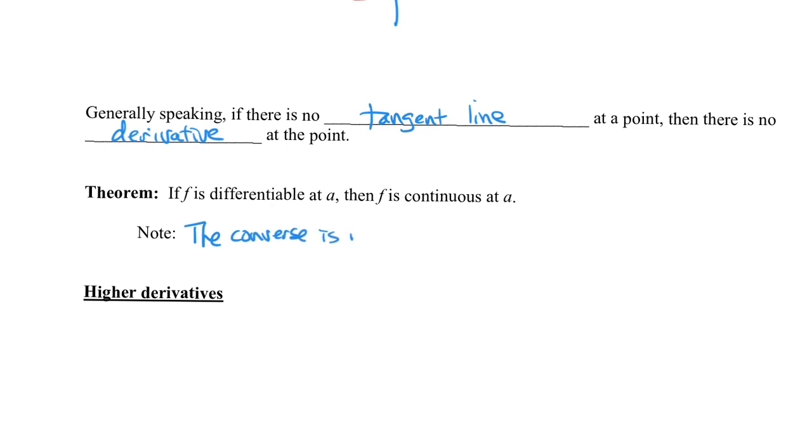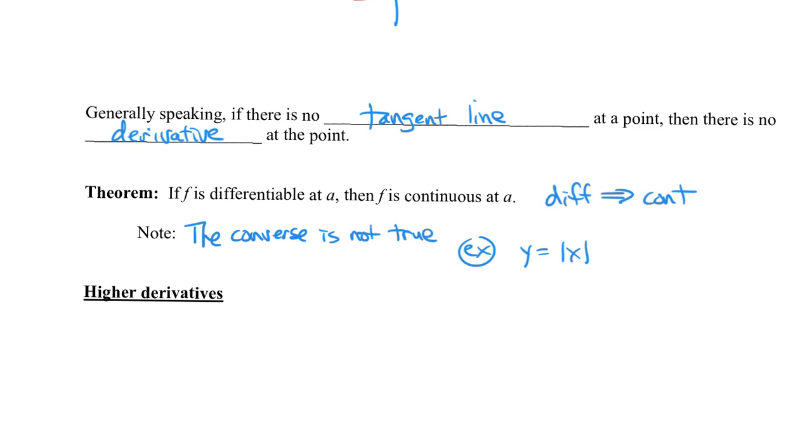So we can say that differentiability implies continuity, but we can't reverse it. An example of why the converse is not true is when we just looked at y equals the absolute value of x. This function is continuous everywhere, but it's not differentiable everywhere. Okay, so we can say that if a function is differentiable at a, it's continuous at a, but we can't take the converse.